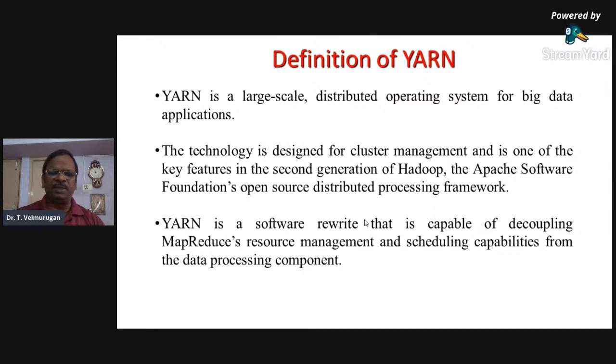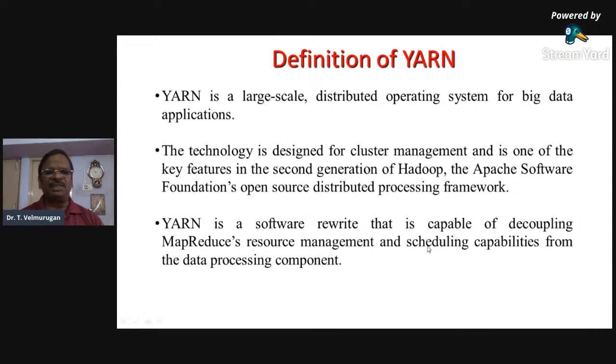Our usual operating systems like Windows, Linux and DOS are utilized for small-scale operations and small-scale data sets. But if you want to use large volumes of information, we require a distributed operating system. YARN works like a data operating system for the processing of big data applications.